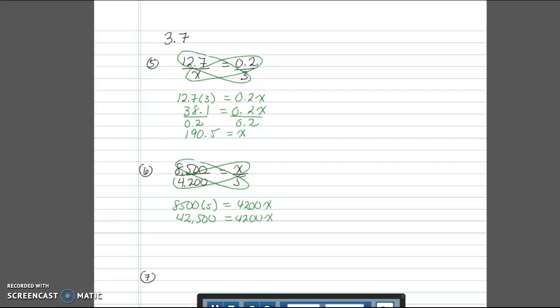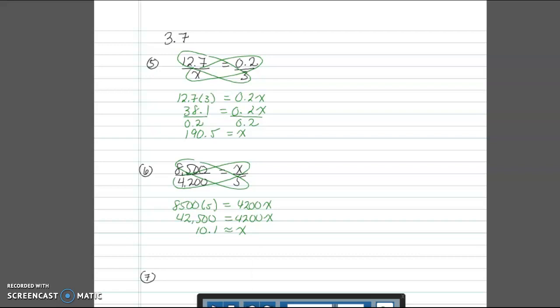I'm looking for x, so I'm going to divide by the coefficient for x, which is 4,200, the value that we see right in front of x. I'm going to divide by that on both sides. When I divide both sides by 4,200, I get 10.1 is approximately equal to x, and that's rounded to the nearest tenth.